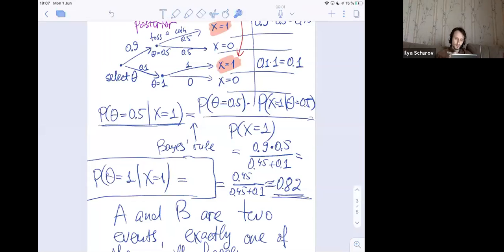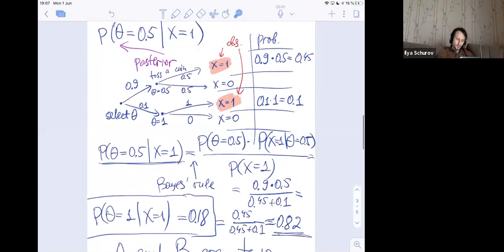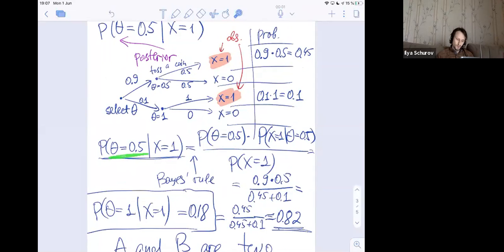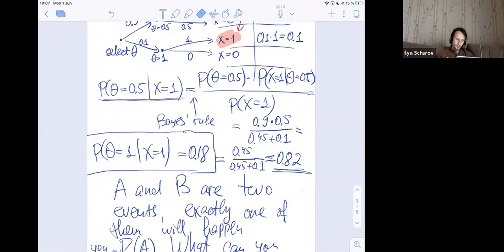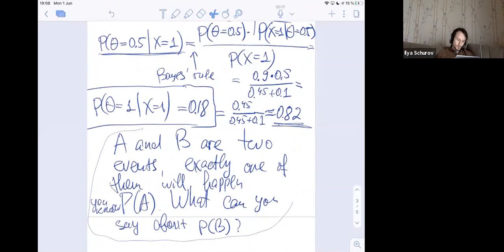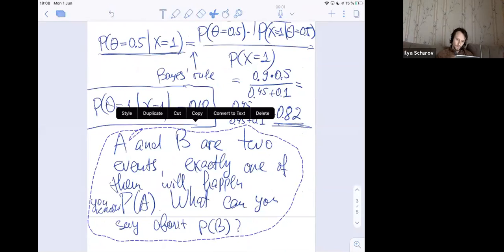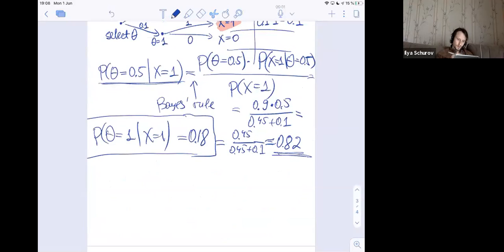Yes, we can just subtract. We know that the sum of this value and this value should be 1, because according to our model, theta should be either 0.5 or 1. So we can assume that their sum equals 1, and use this to find the probability. On the other hand, the same thing can be done by using the formula.